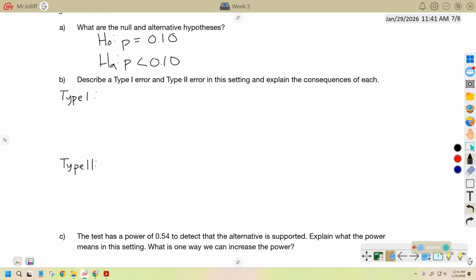And remember that type 1, I am rejecting H0 incorrectly. And this one I am failing to reject incorrectly. You don't have to jot that down on test day. I'm putting that there as a mental reminder because I forget things while I'm writing.